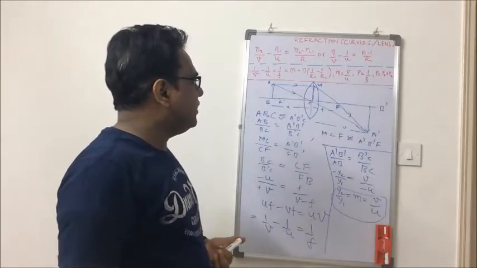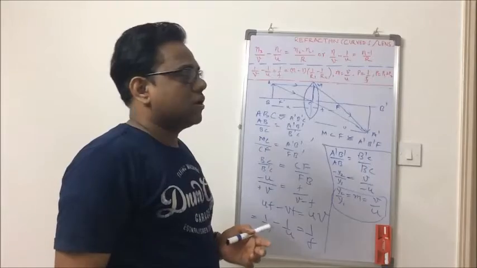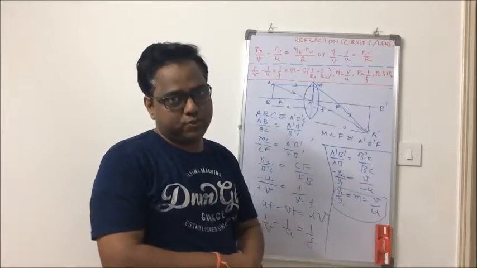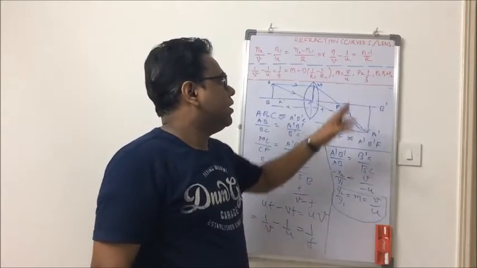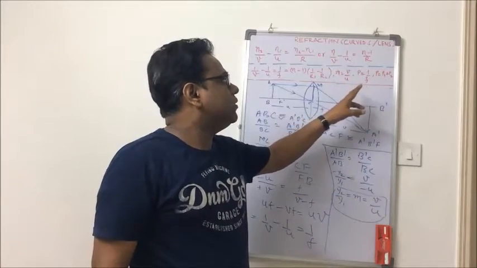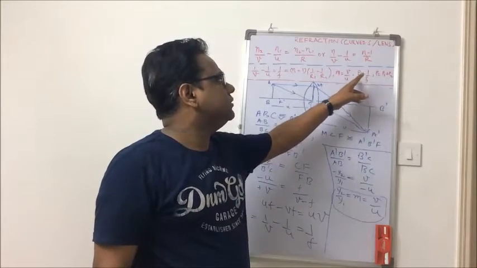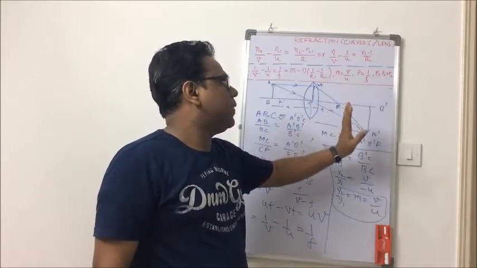Power of a lens is 1 by F and the unit is diopter. Okay, so we call P equal to 1 by F. There's no formula here, I'm just saying this is how we described it.